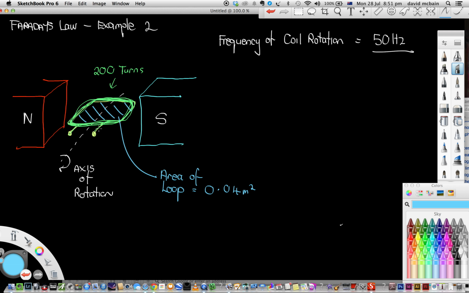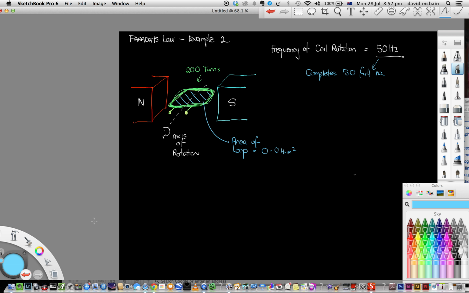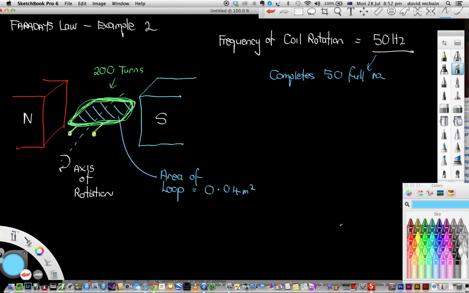So it completes 50 full rotations in 1 second.